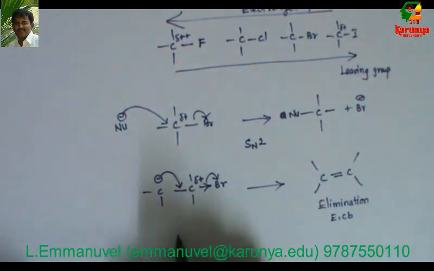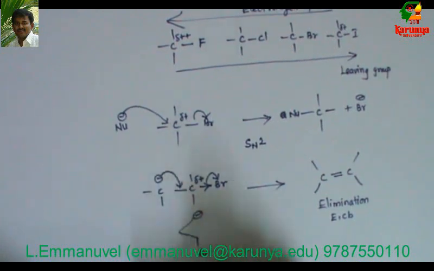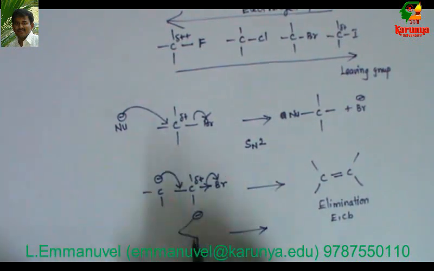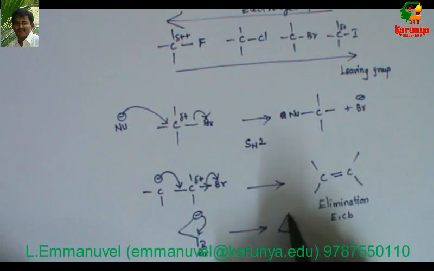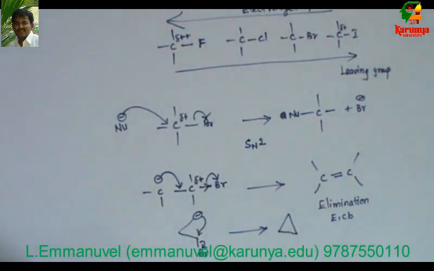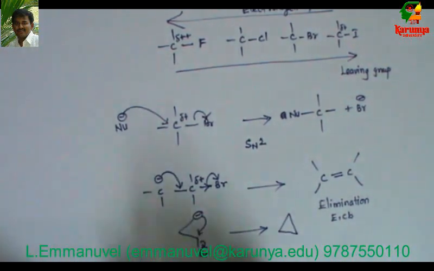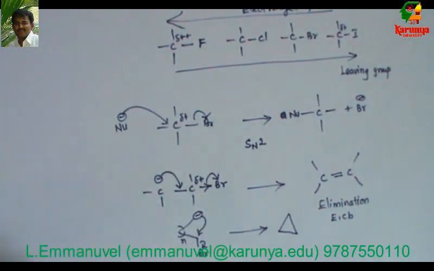Suppose it is one carbon away from this, that is the minus charge and leaving group, what we get is a ring, a cyclopropane ring. If the number of carbons is 2 or 3, then also we will get the corresponding cyclized product. So it may be cyclobutane, cyclopentane, and goes like that.